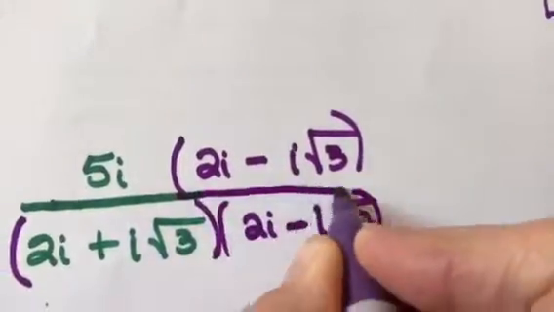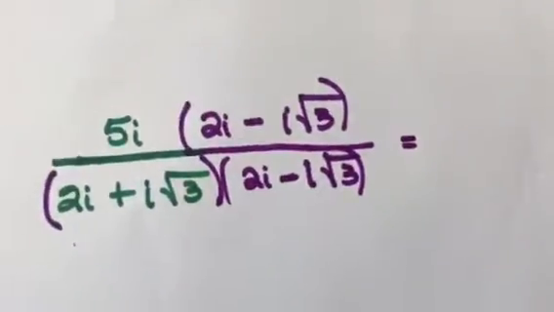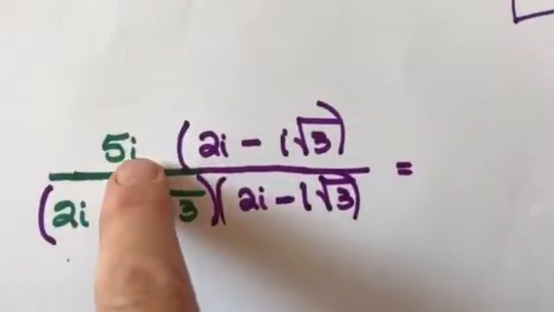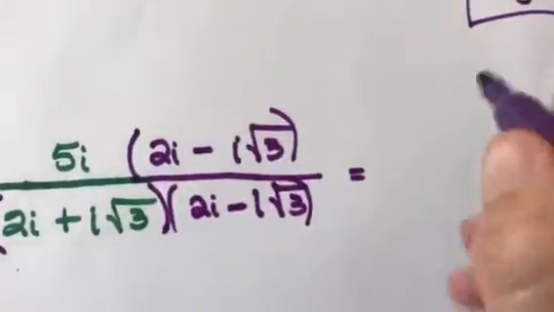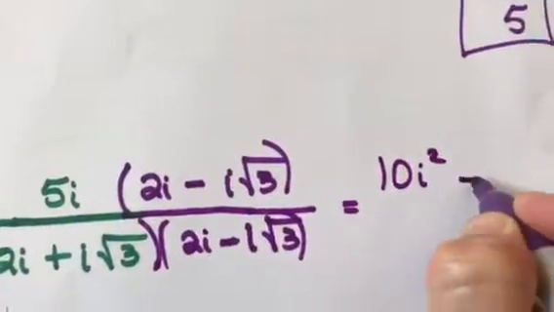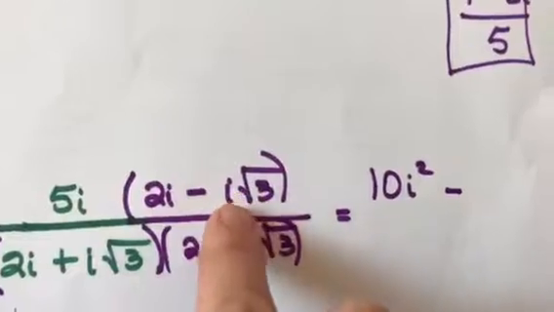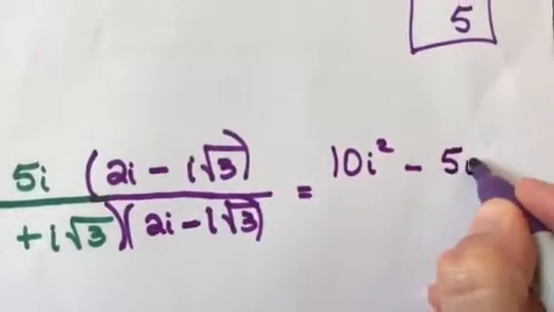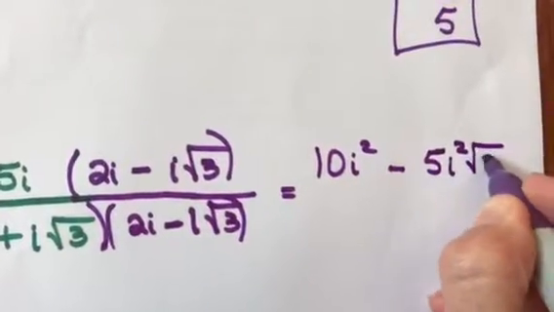So again, multiply the top and the bottom by its conjugate. All I'm doing is changing the middle sign. Okay, so look at this. 5i times 2i is 10i squared. Minus 5i times i square root of 3 is 5i squared square root of 3.